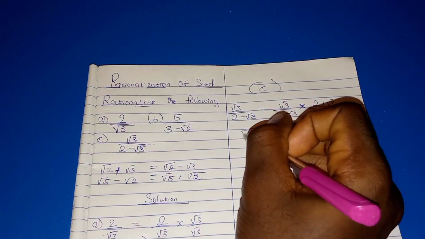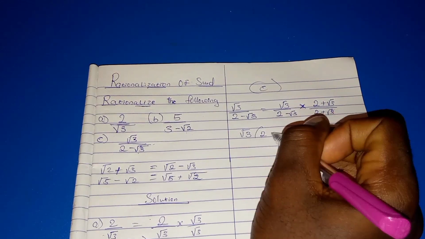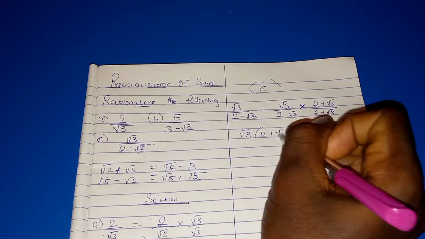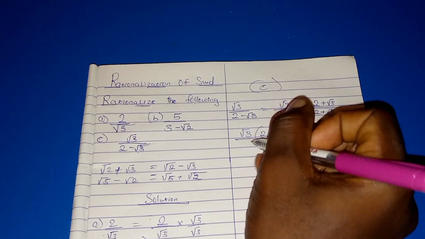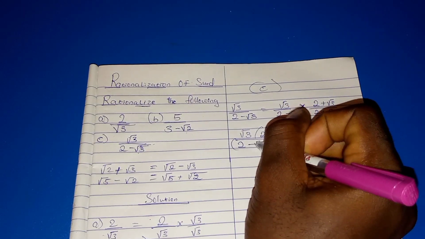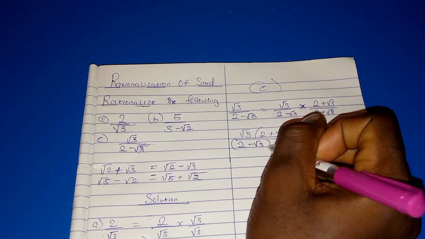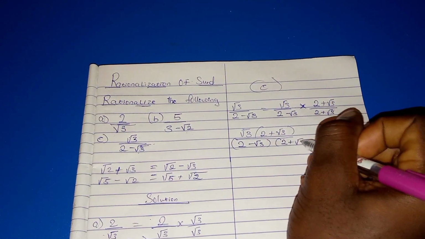We will have root 3 bracket 2 plus root 3 divided by 2 minus root 3 times 2 plus root 3.